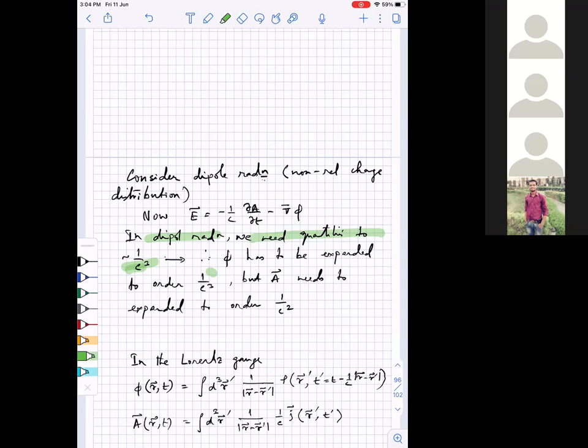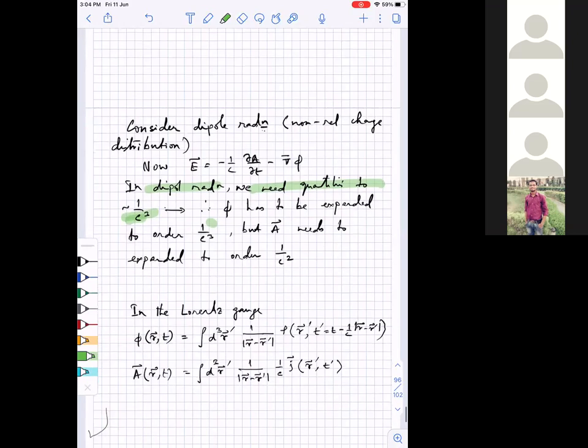So the idea would be to expand my phi and A in terms of this retarded time, expand it in a series and keep terms up to 1 by c cubed in phi and 1 by c squared in A.